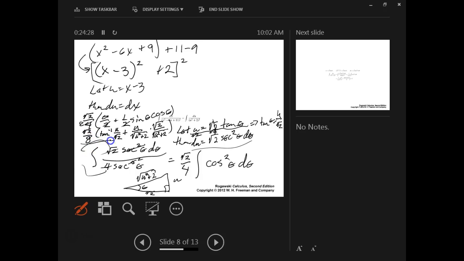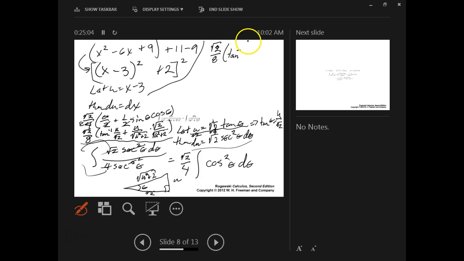So this is what we have so far, right? Let's clean that up a little bit. That integral is equal to root 2 over 8, times inverse tangent.